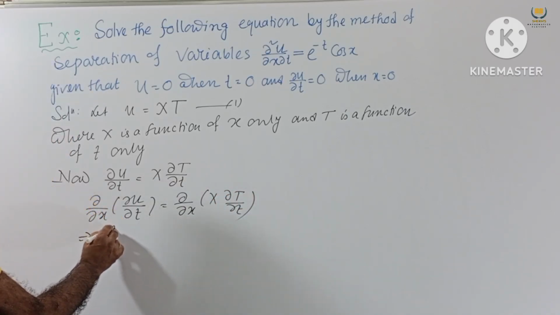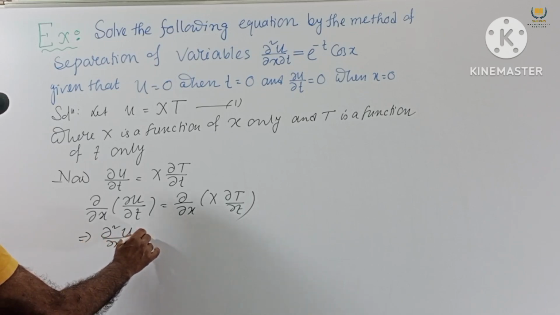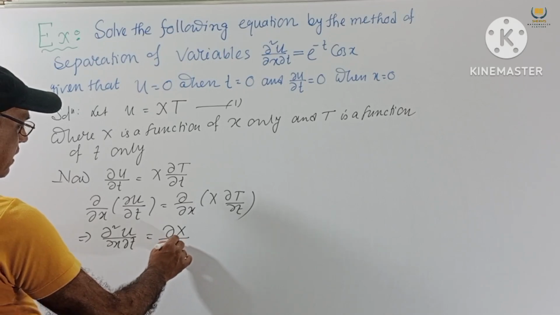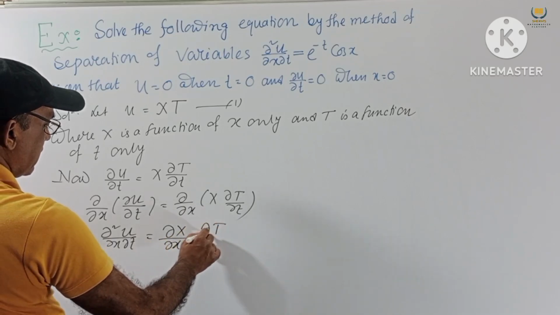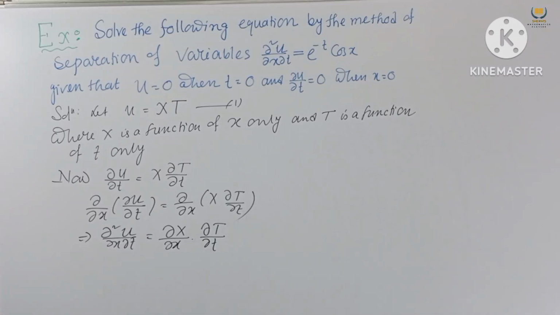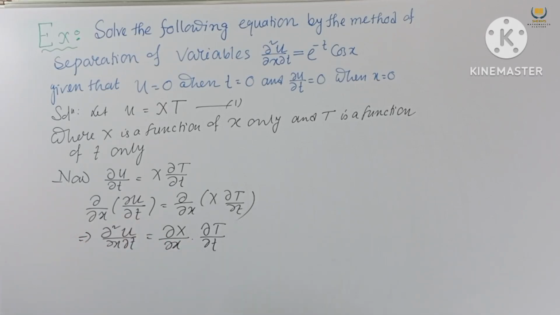This implies del square u by del x del t is dX by dx times dT by dt. We get this. So ultimately we get del square u by del x del t equal to this one.